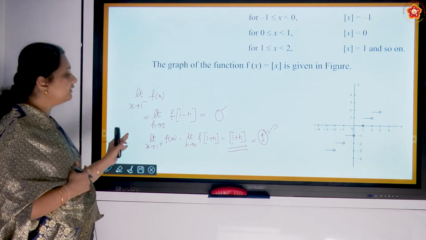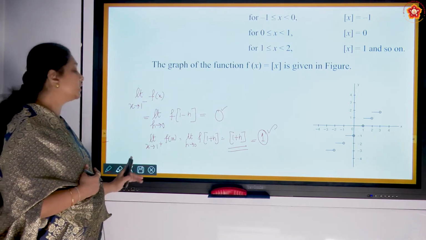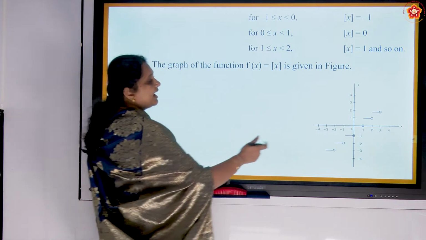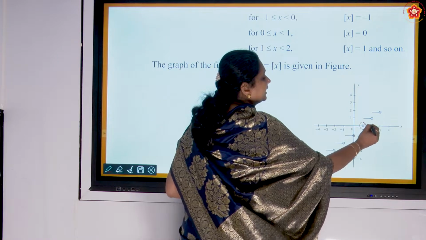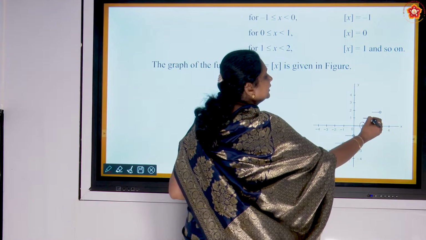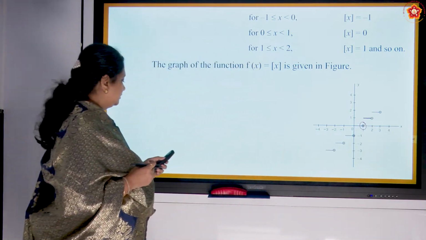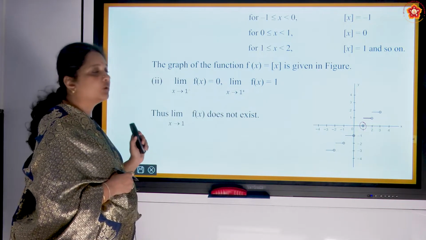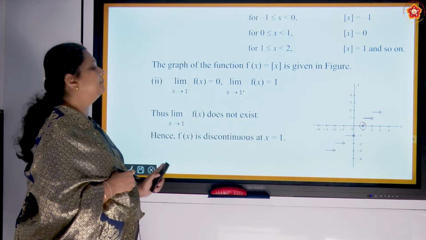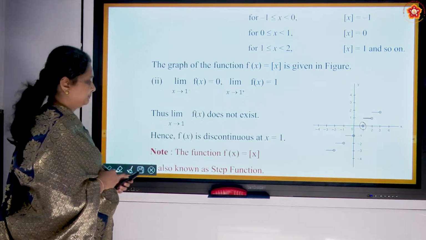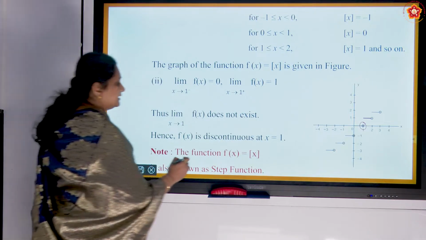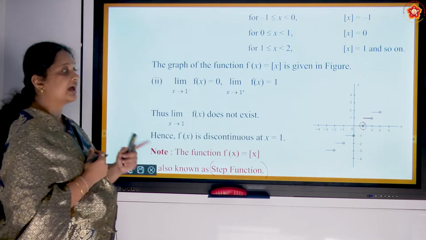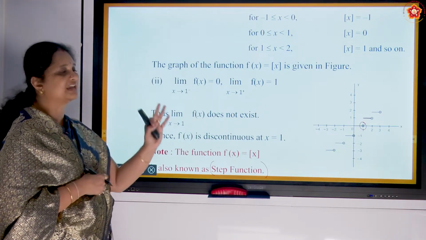So I can see from here itself that there is no continuity in the function at x is equal to 1. See here, at x is equal to 1, there is a break. I can't continue, but I have to lift my pen and draw another line here. So at no integer value will this function be continuous. This function, as I said, is also called a step function, because it is very clear from the graph itself that it looks like steps drawn.